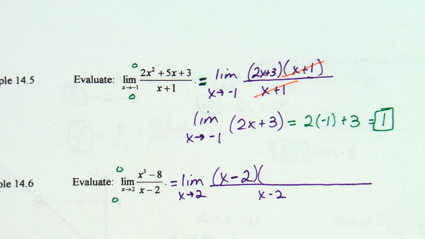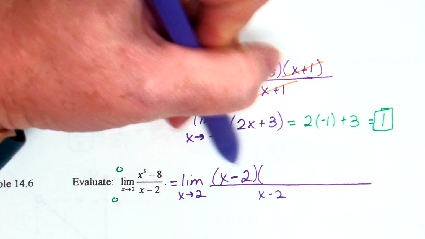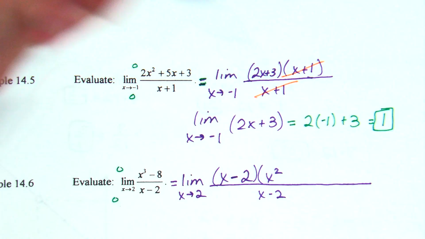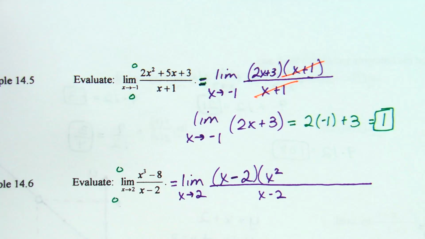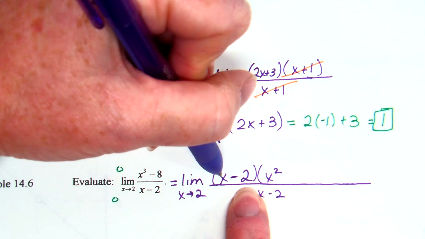The first term is always, okay, I don't look at the original problem now. I look at my binomial. The first term here is this first term squared. In this case it's an x, so I take that and square it, it's x squared. The hardest one to remember is the middle term. You're going to multiply these two pieces and use the opposite sign.